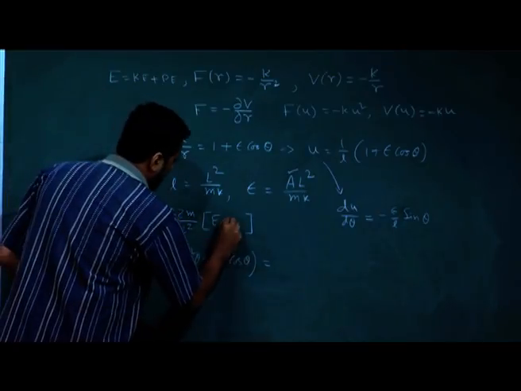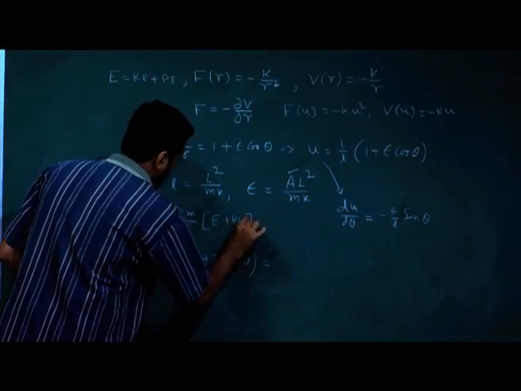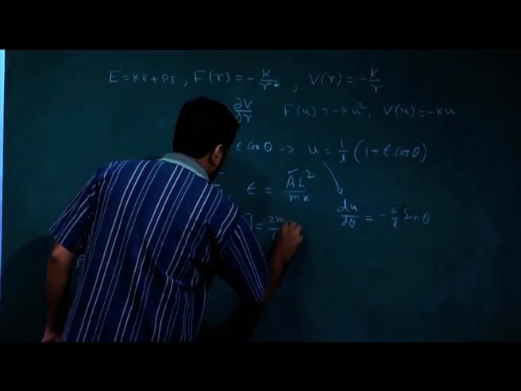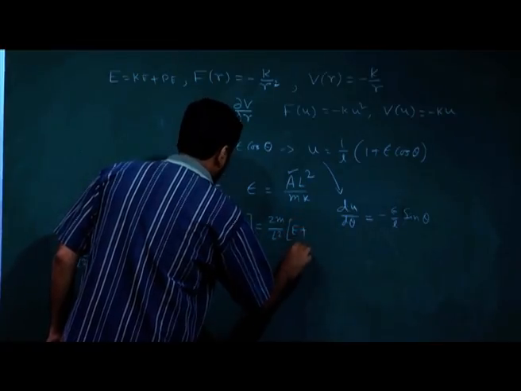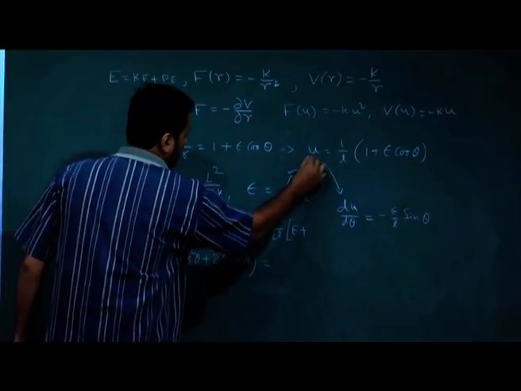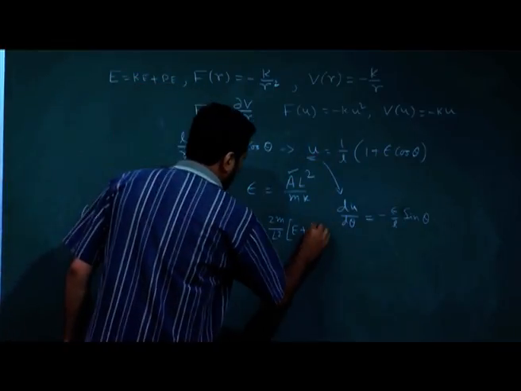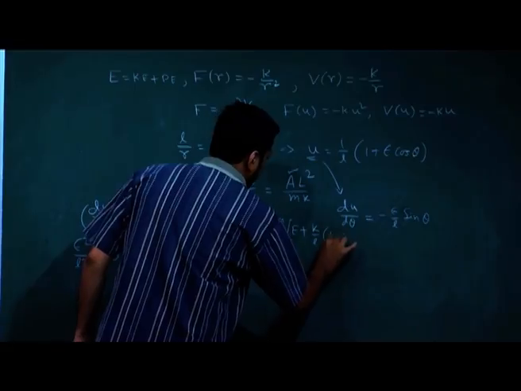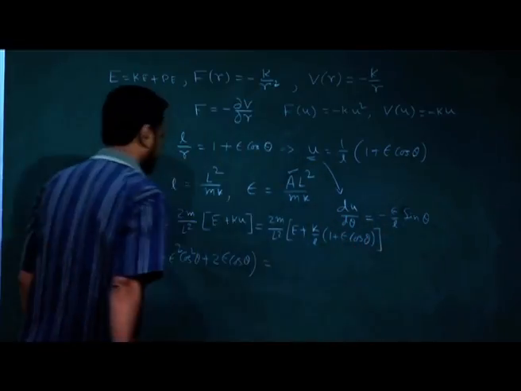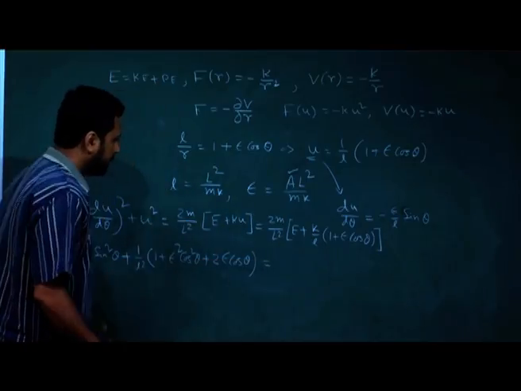So, we can write k times u, which can be written as 2m by L square into E plus k times u. We use this expression for u, so it is k by L into 1 plus epsilon cos theta. Now, we open the brackets here.